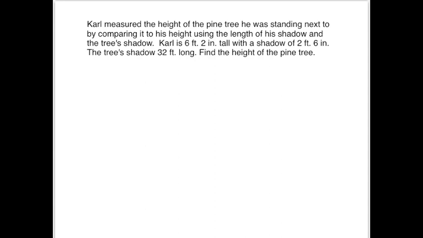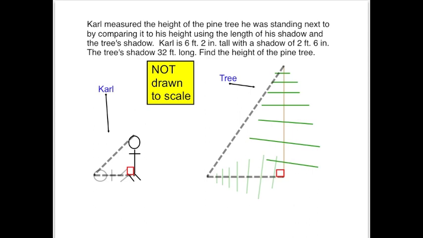So it helps to draw a little picture. Here's a pretty cruddy picture. Here we have Carl, and here we have a tree, and then there's shadows that are sort of laid upon the ground. So we know that Carl is 6'2", and his shadow is 2 foot 6 inches long.